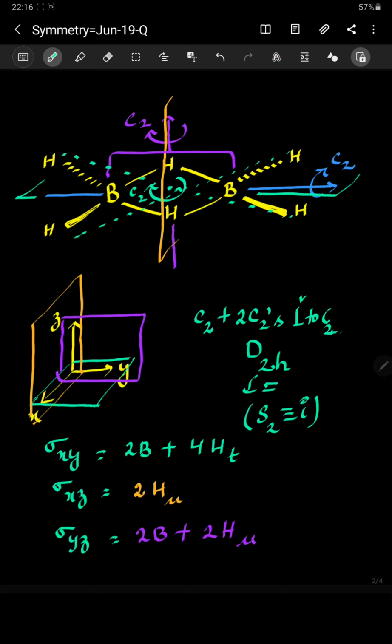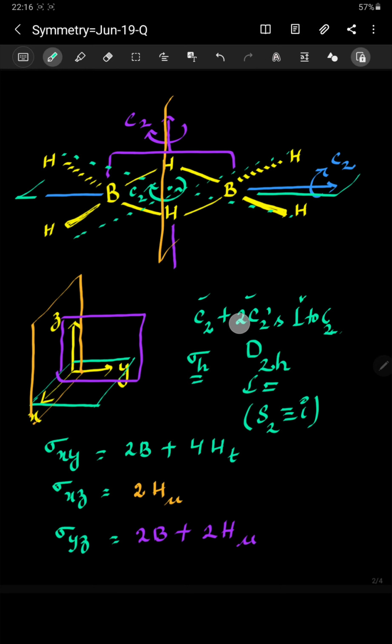Then you have to check for any plane. If planes are present, you just check whether it is a horizontal plane or vertical plane. First you go for a horizontal plane. If at all one horizontal plane is present, then definitely vertical planes will also be present. Because in the D2h point group, C2, 2C2 perpendicular to it, and sigma h are the group generators.